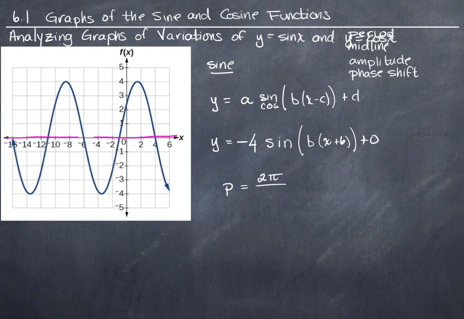What we want to do is figure out what this number is, and then once we know what that number is, we'll be able to say, well, normally it takes 2 pi, and so we're going to chop 2 pi up into b units. One cycle is only going to take 2 pi divided by that number, okay?